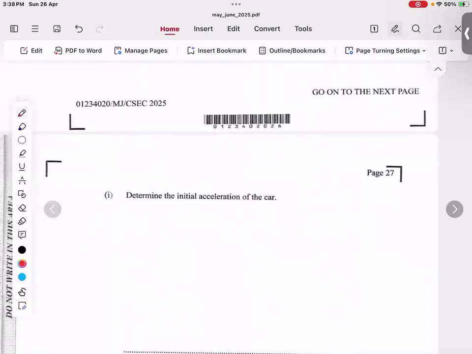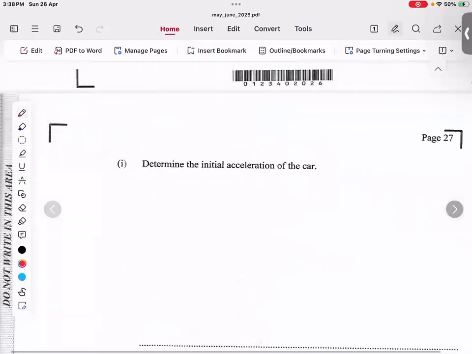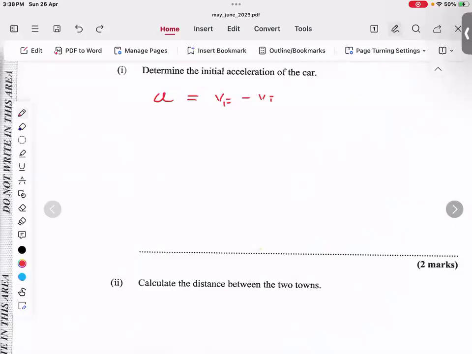All right, what's the first question? Determine the initial acceleration of the car. So acceleration, write this down for me. Acceleration is equal to final velocity minus initial velocity divided by time. So V final minus V initial.